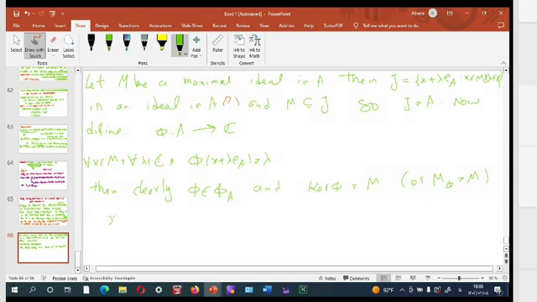Please note that x + λe belongs to M_φ if and only if φ(x + λe) equals 0, and this holds if and only if λ equals 0, because φ(λe) equals λφ(e).